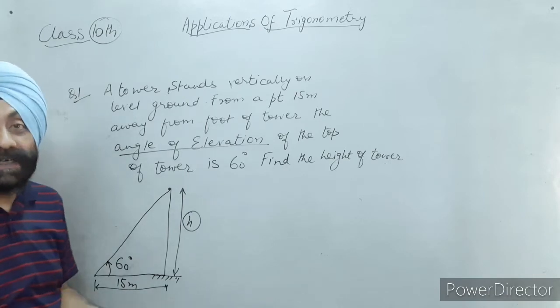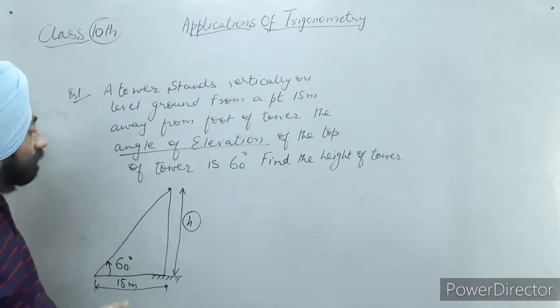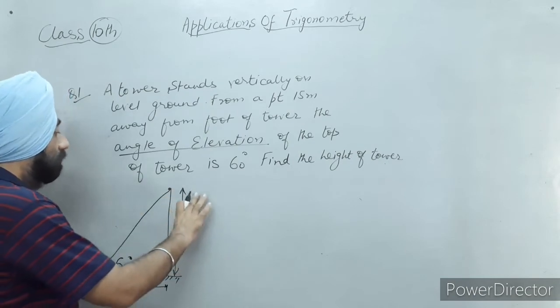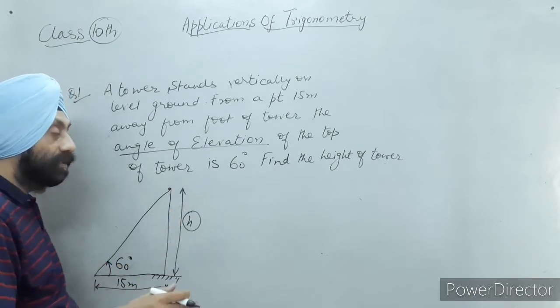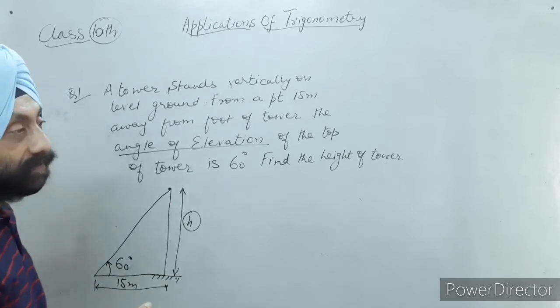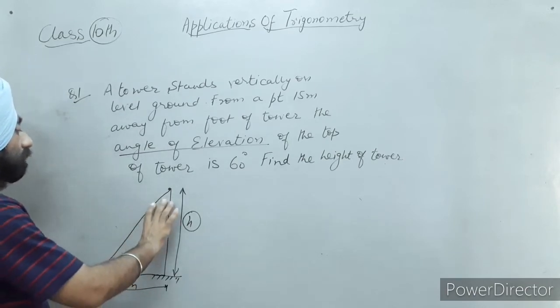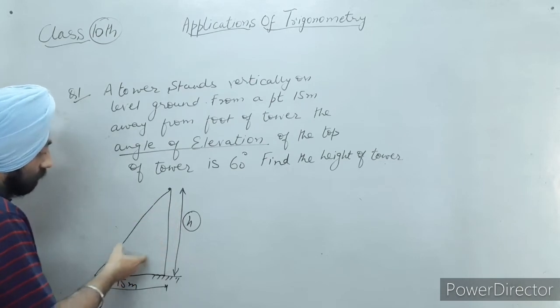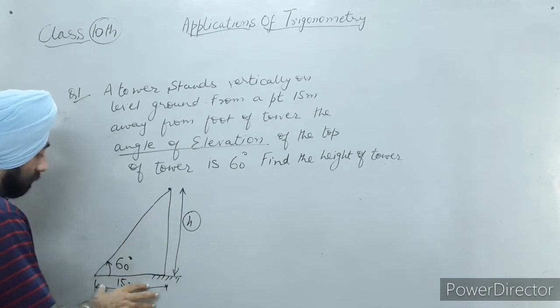Now the only thing I have to apply is an appropriate trigonometric ratio, the relation between the sides of the triangle. This is the perpendicular, it's always opposite to the angle. This is the base.